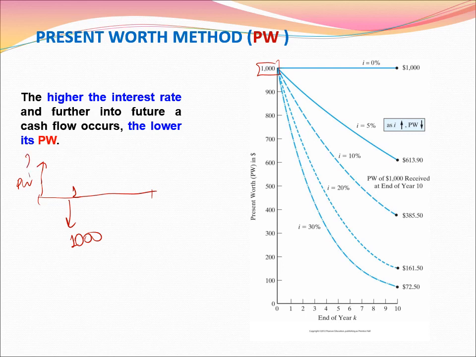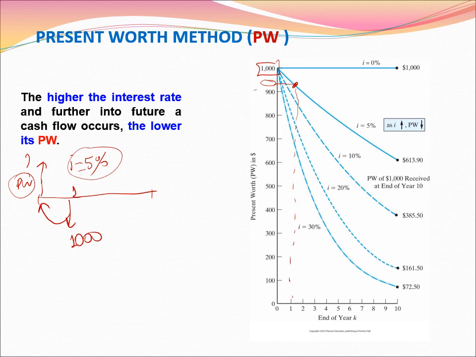Let's assume that this interest rate is 5%. So how do we find this present worth? We simply discount this 1000 using this interest rate. And look, when the year is 1 and the interest rate is 5%, then your present worth should be something like this. This graph shows it.